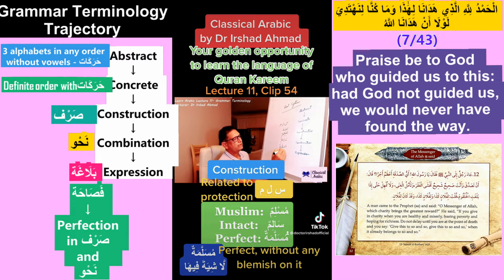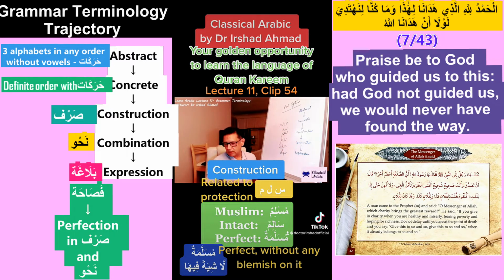Musallamatun, perfect. La shiyata fiha, there is absolutely no blemish on it. So that's the kind of description which was given, and finally they had to slaughter that cow. They didn't want to. So different words from the same root.